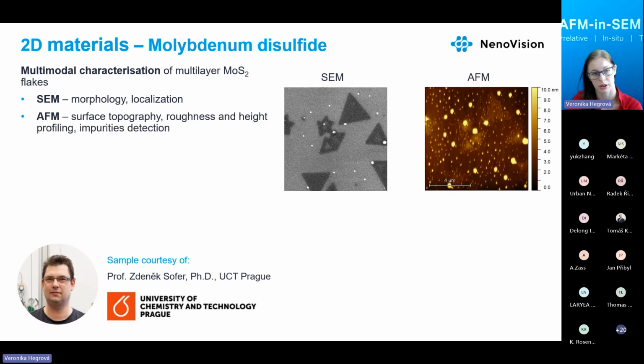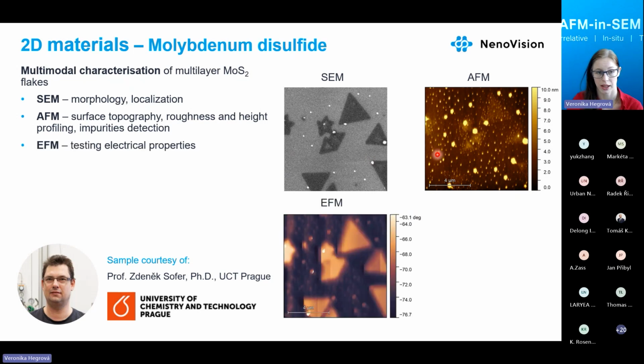The AFM shows us the surface topography very well, since it touches the surface. As we can see in SEM, it didn't look that dirty, but AFM reveals completely different information. Next, we tested electrical properties by electrostatic force microscopy.